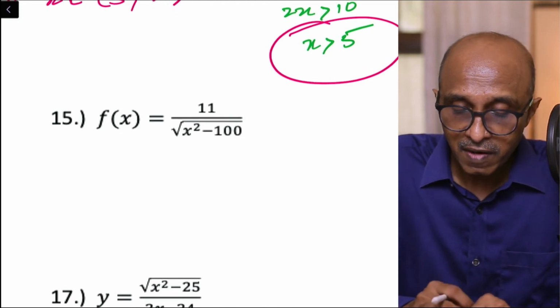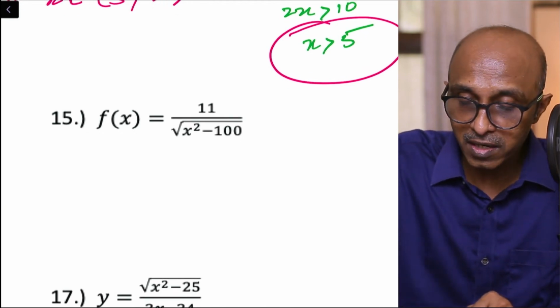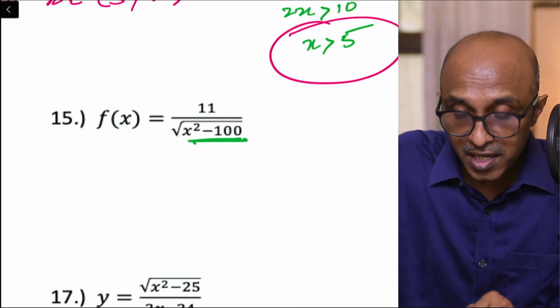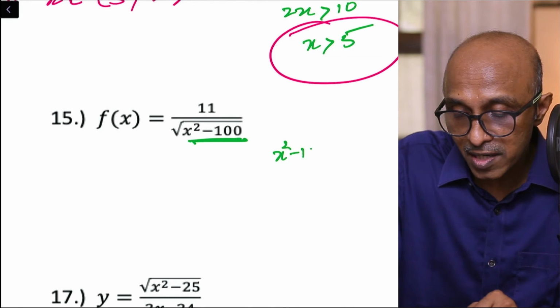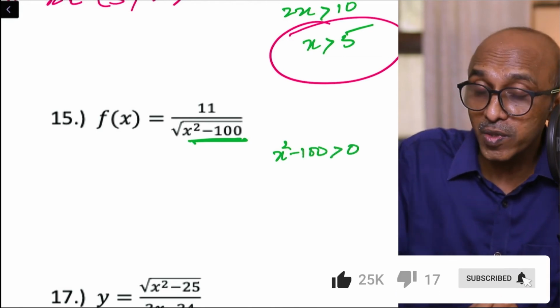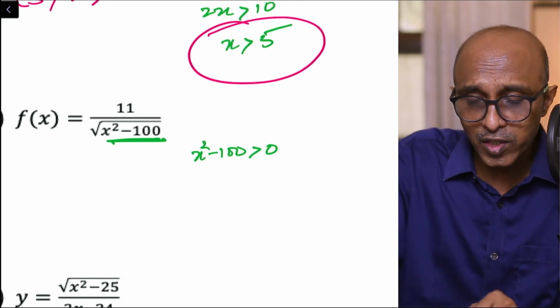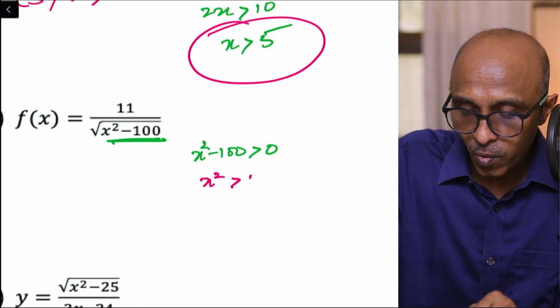Again, you have f of x equal to 11 over the square root of x squared minus 100. Again, we say the term inside the square root, and this time the square root is in the denominator, so we write x squared minus 100 greater than 0. Only greater than 0, not greater than or equal to 0, because it's in the denominator. So when we solve that inequality, you'll get x squared is greater than 100.